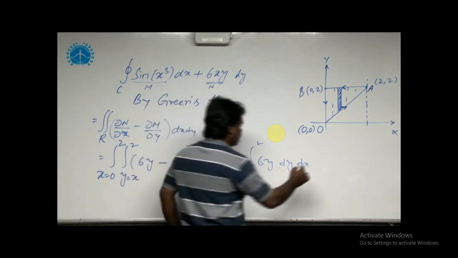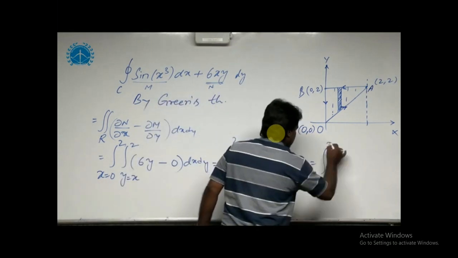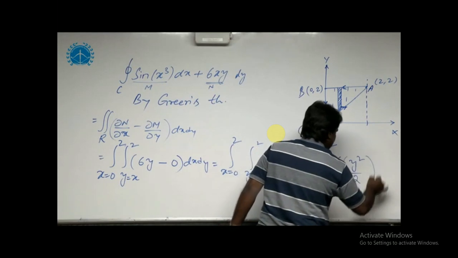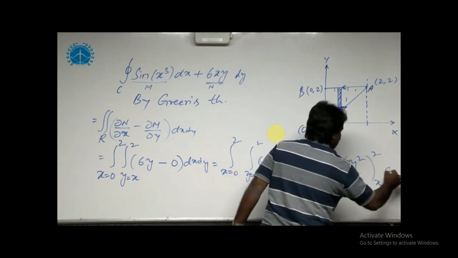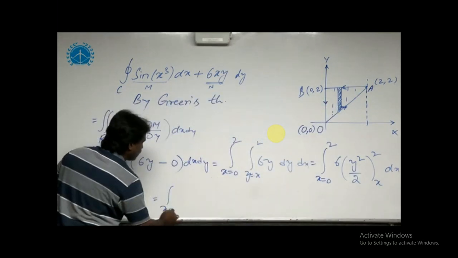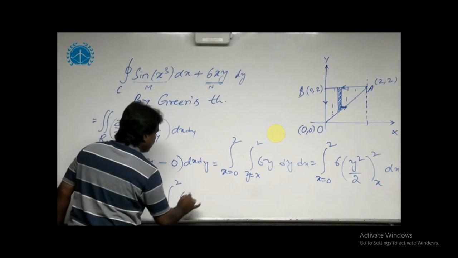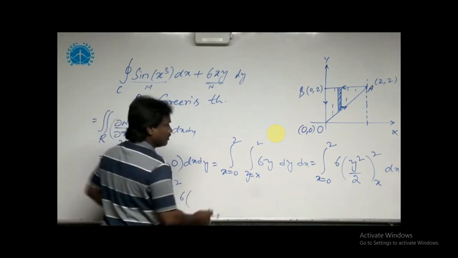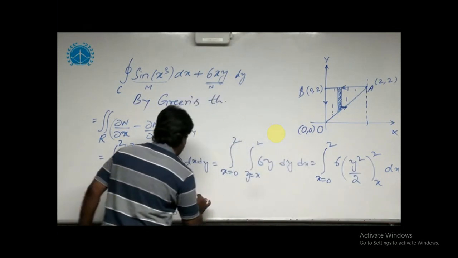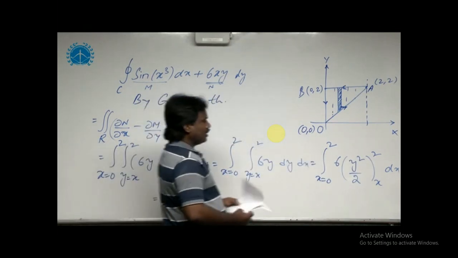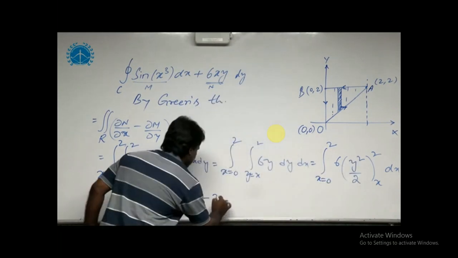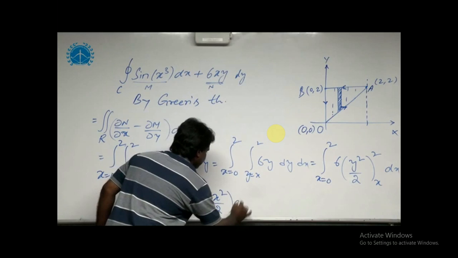The integral for x from 0 to 2 of 6 times y squared by 2, with limits x to 2. The upper limit gives 4 by 2, which is 2, minus the lower limit, x squared by 2, dx.